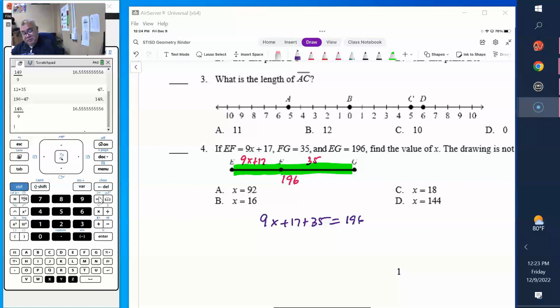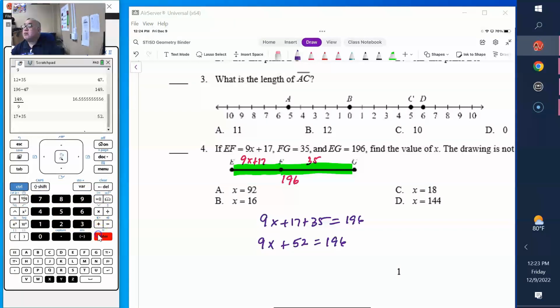That means the 2 shorter segments add up to be the larger one. So we have 17 plus 35 is 52. Subtract that from 196. Get 144. So your answer is 16.